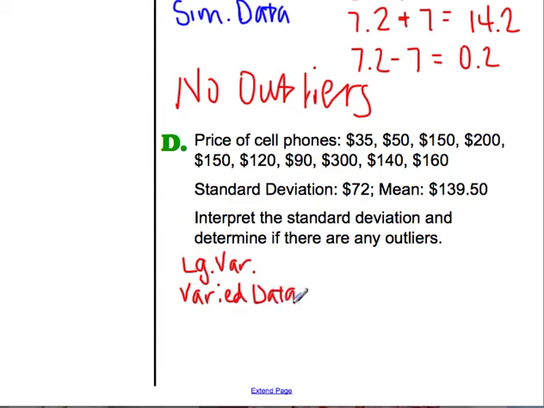And so then when I take a look at this, I have my $72, and I'm going to double that to get my 2 standard deviations up, so I get $144.